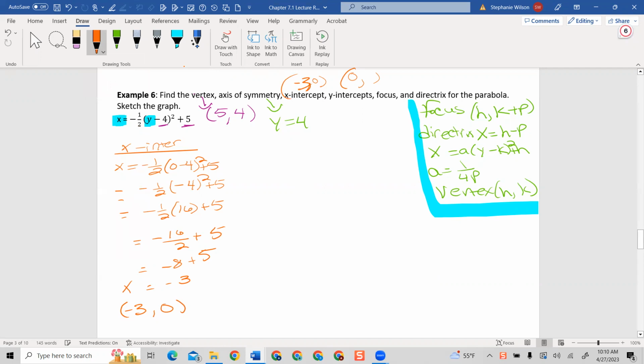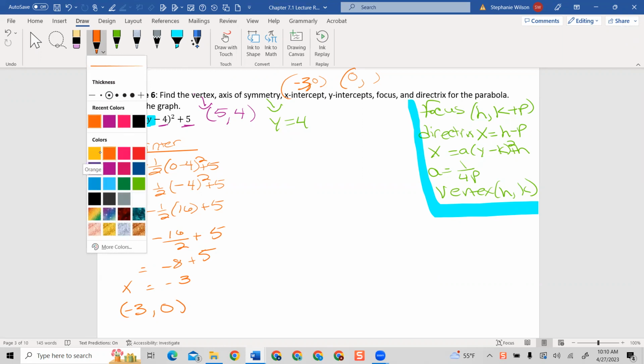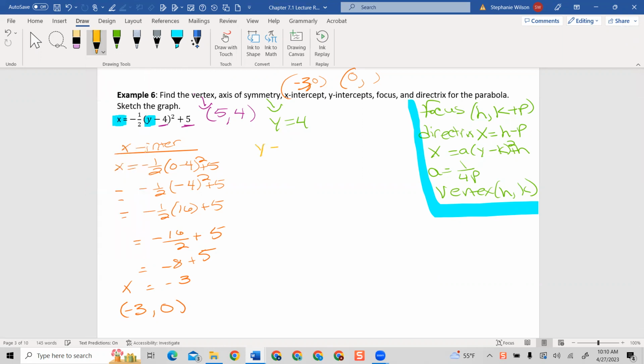Now let's find our y-intercept. My y-intercept, we're going to plug in 0 for x. Okay, now I want to do some work here.